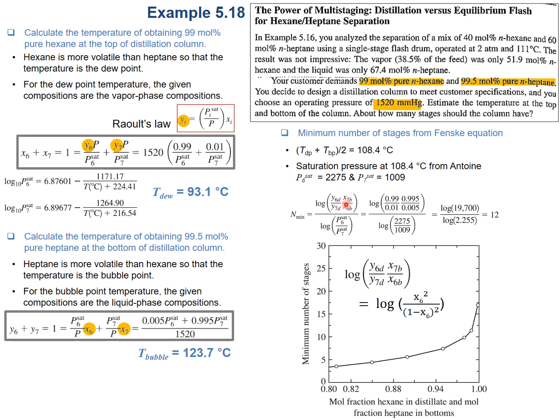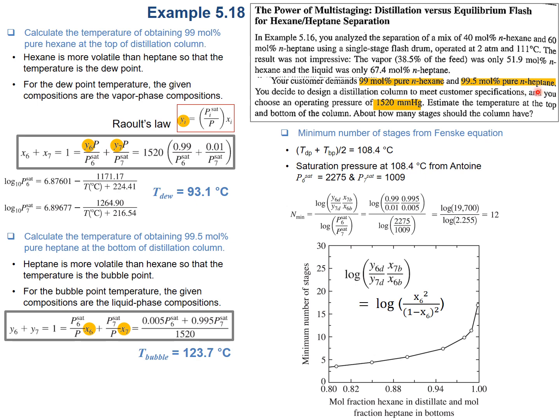And what about the separation factor for this distillation tower to satisfy the customer demands? We know the values of the compositions, so put all of these in here. Then finally we can calculate the minimum number of stages. Here it is 12. So we need 12 stages to satisfy the customer demand of 99 mole percent pure hexane and 99.5% pure heptane.